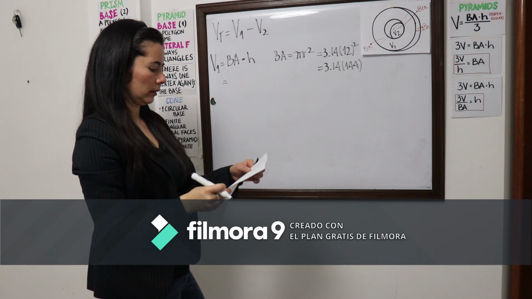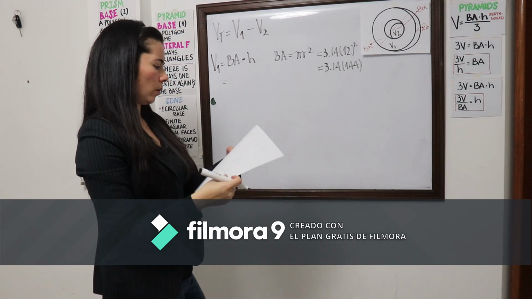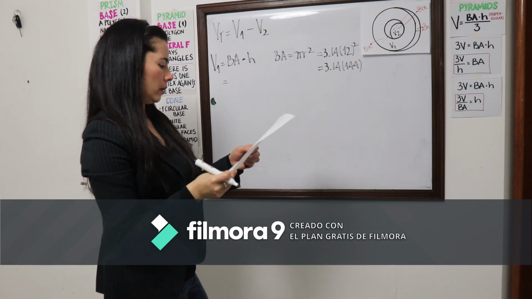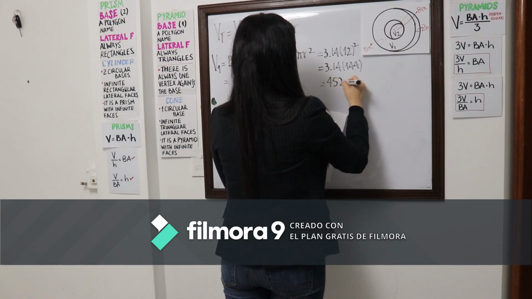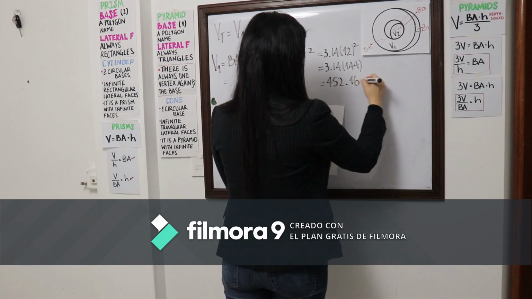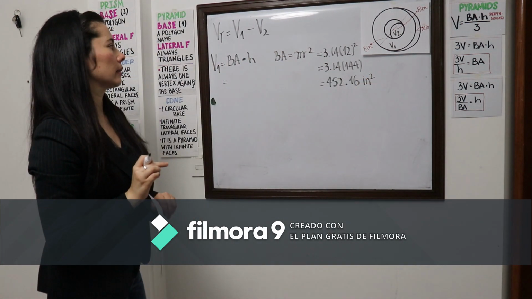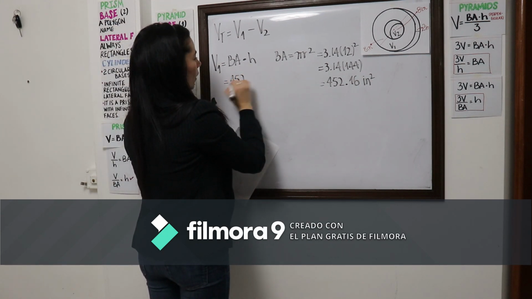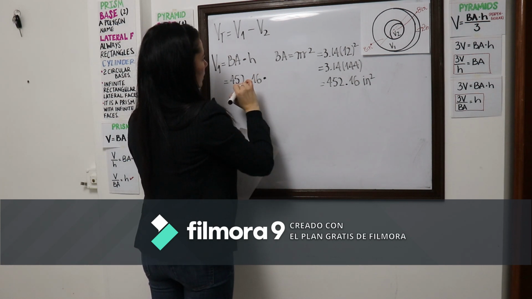And I actually did that one. Give me a minute. I just don't know where it is. Oh, over here. So it is actually 452.16 square inches. Okay? That is the base area. I'm going to use that over here, of course. So that's going to be 452.16 times what?